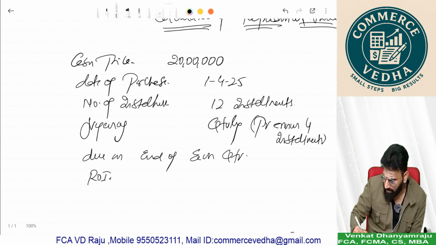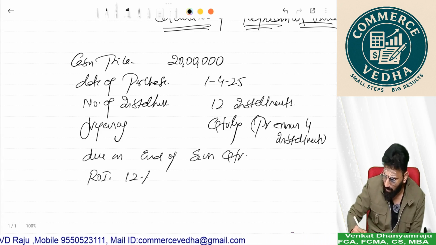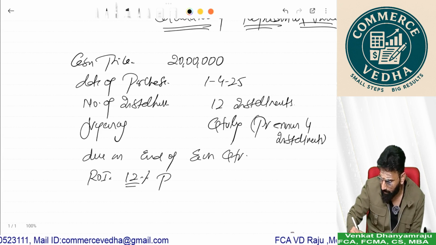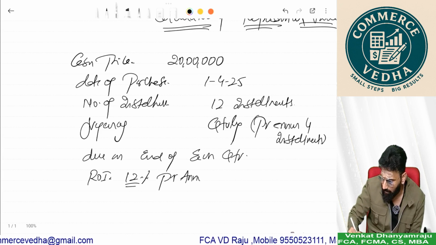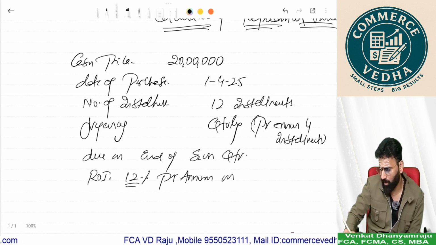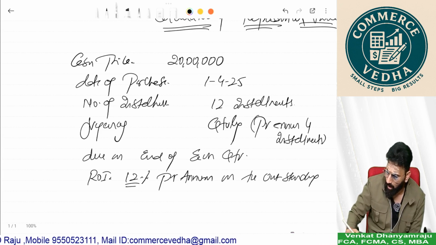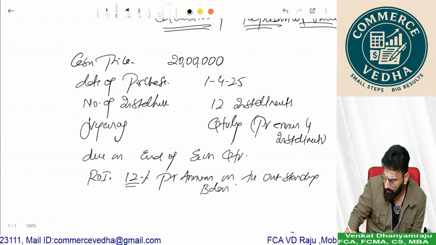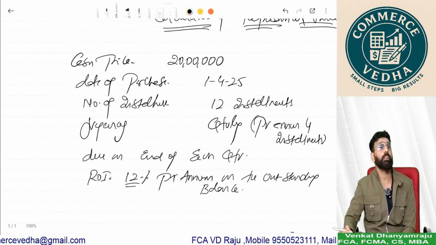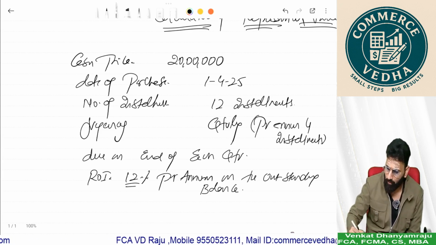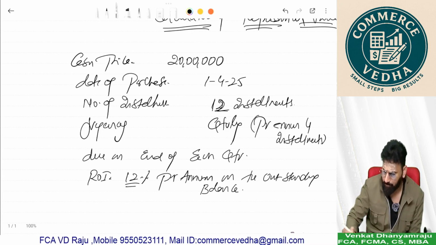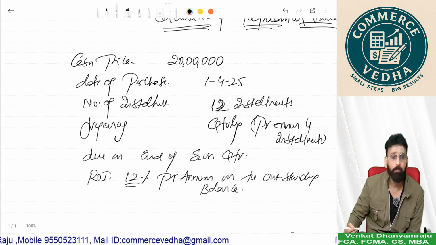Rate of interest 12% per annum on the outstanding balance. Right? So we know 12 installments and quarterly payment.